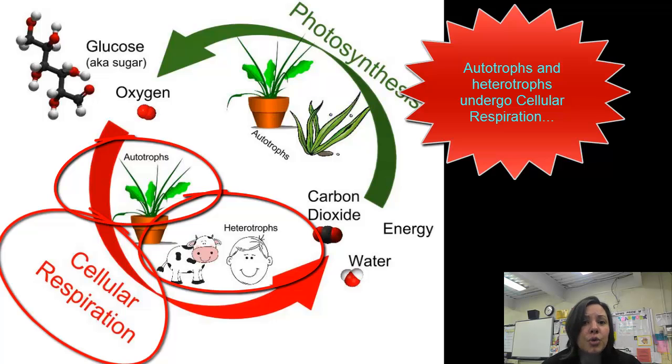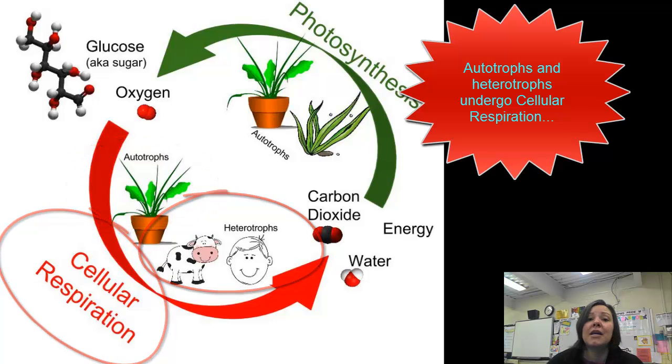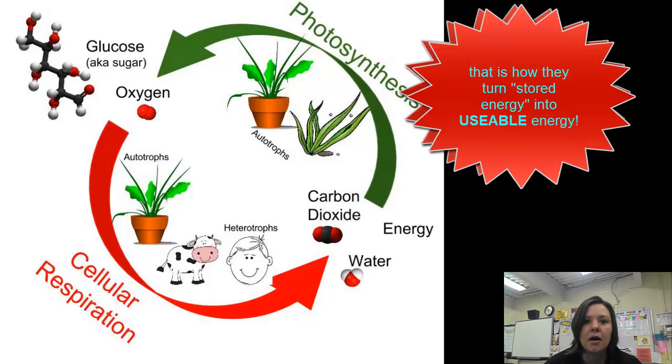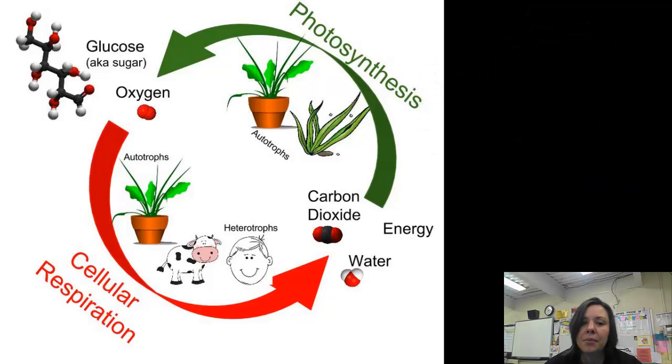This is extremely important because, yes, plants make their food, but then they have to use it to get energy that their cells can use to do their normal daily functions. So both plants and animals go through cellular respiration, but it's only autotrophs, or things like plants, that actually do photosynthesis. Make sure you have this in your notes.